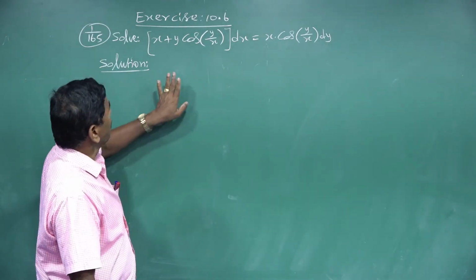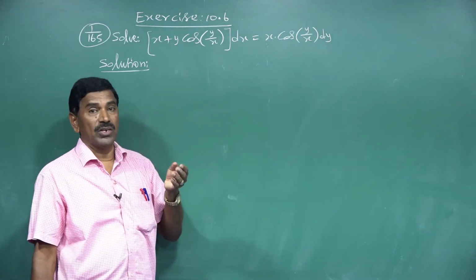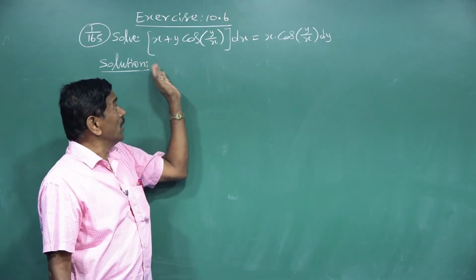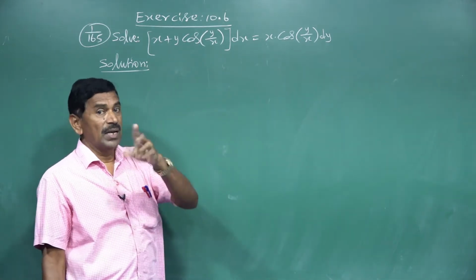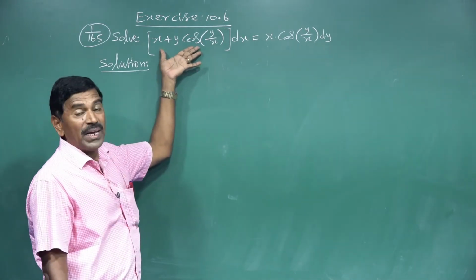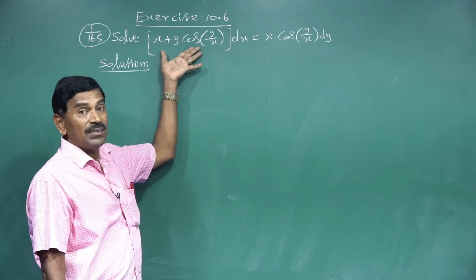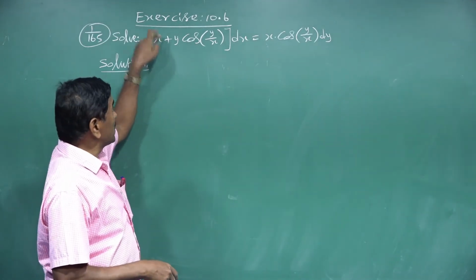Okay, here first I want to identify whether it is a homogeneous differential equation or not. For that, if all the terms have equal powers, then the equation is said to be a homogeneous differential equation. Listen to the verification. How many terms are in the square bracket? There are two terms. The first term is x, whose power is 1.